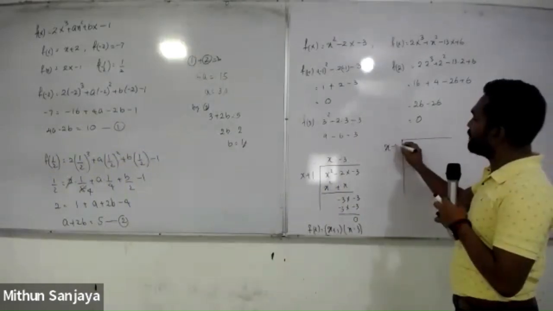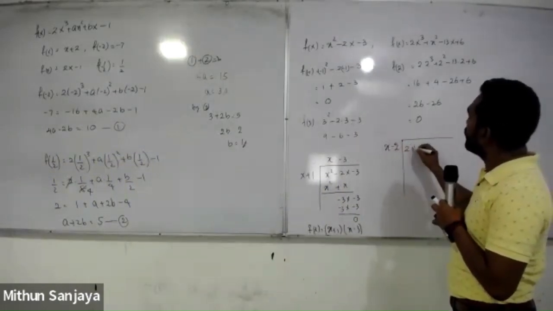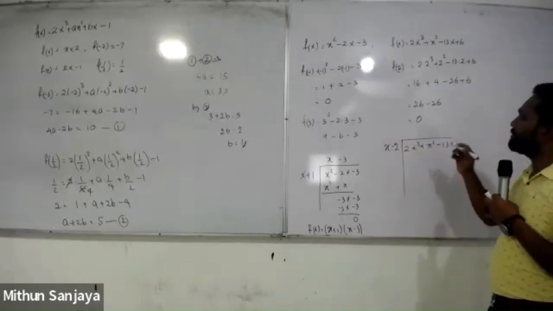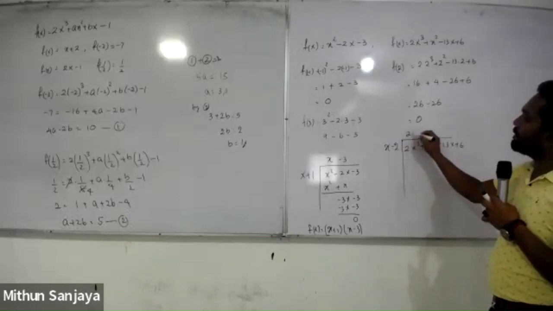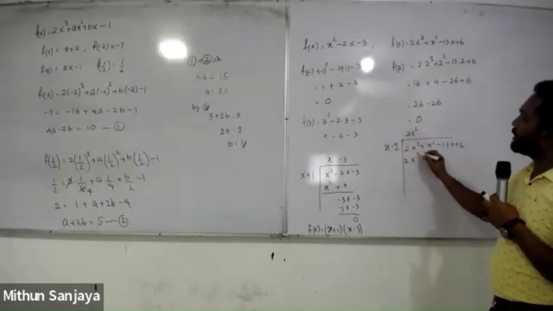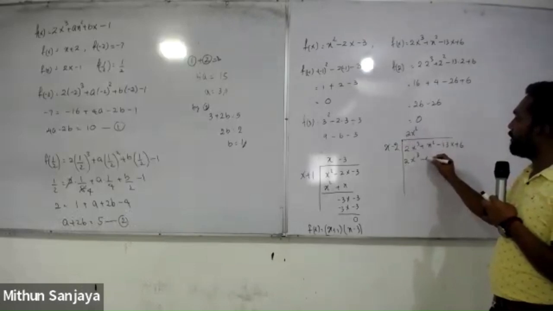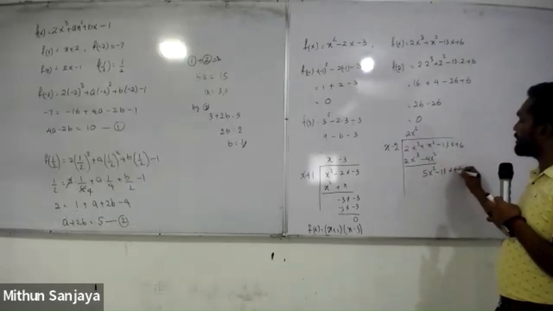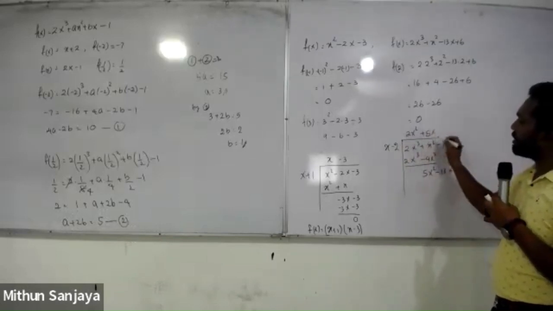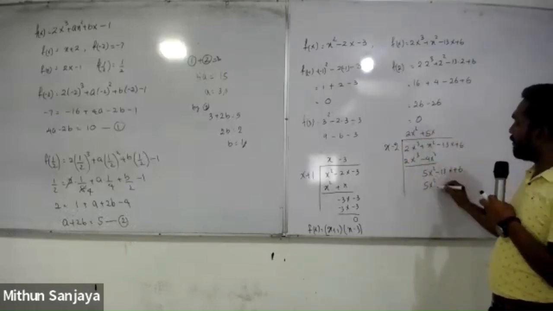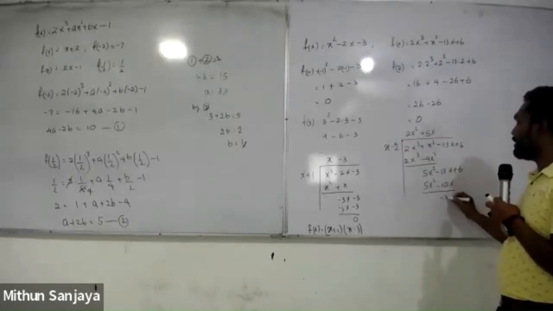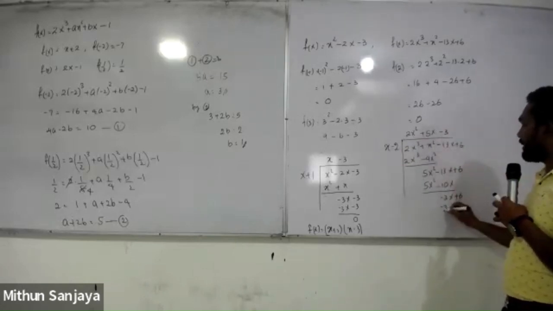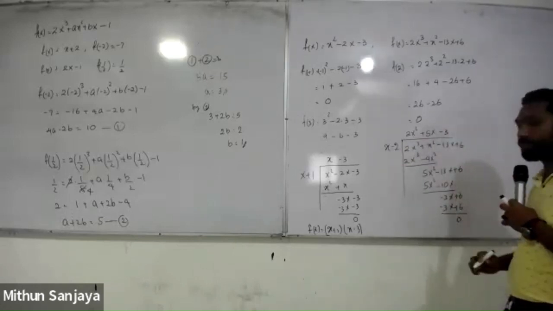Now we divide by x minus 2: 2x cubed plus x squared minus 13x plus 6. 2x cubed divided by x is 2x squared. 2x squared times x is 2x cubed, 2x squared times minus 2 is minus 4x squared. Subtract: 5x squared minus 13x. 5x squared divided by x is 5x, so 5x squared minus 10x. Subtract: minus 3x plus 6. Minus 3x divided by x is minus 3, so minus 3x plus 6.